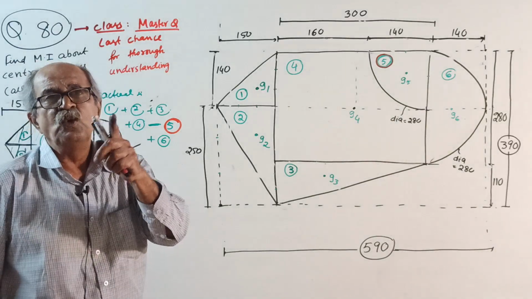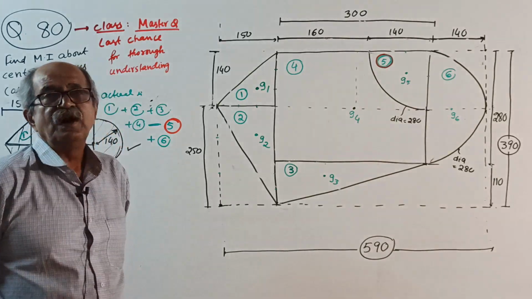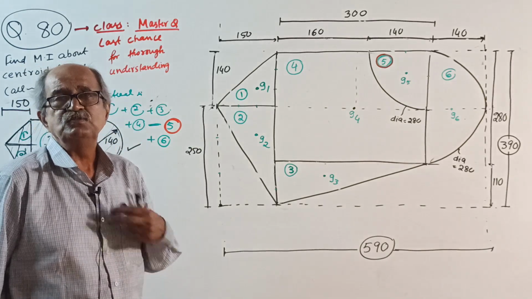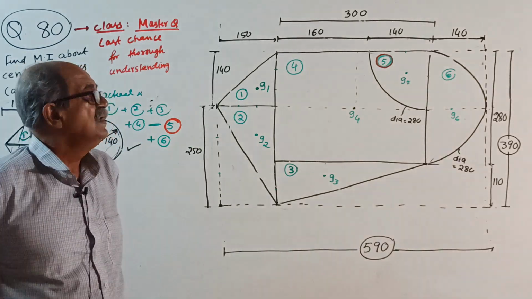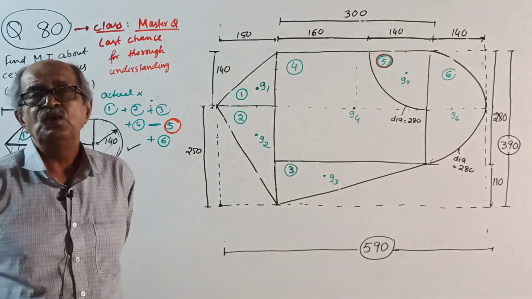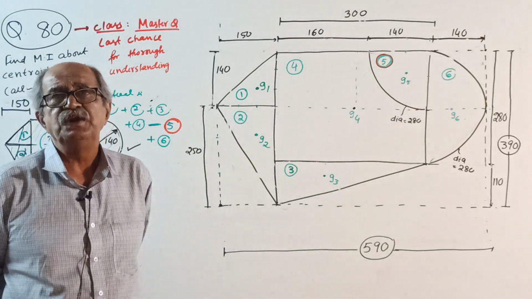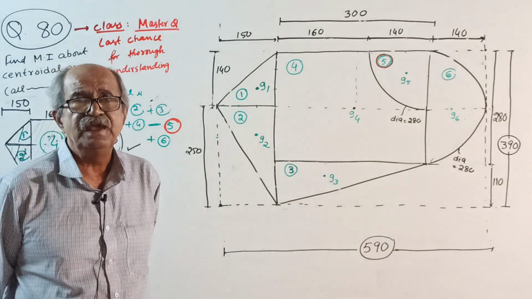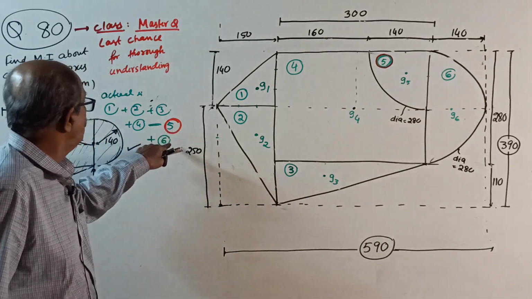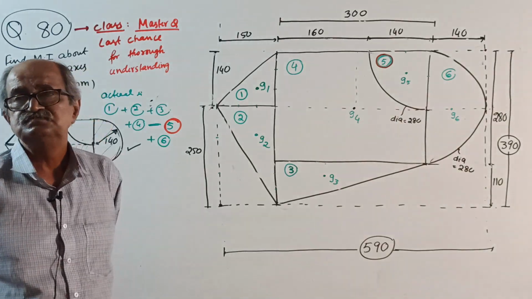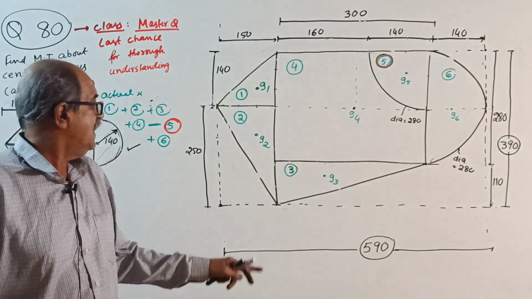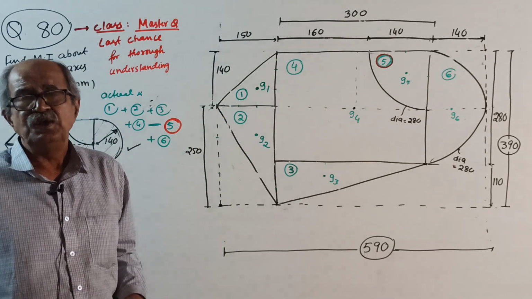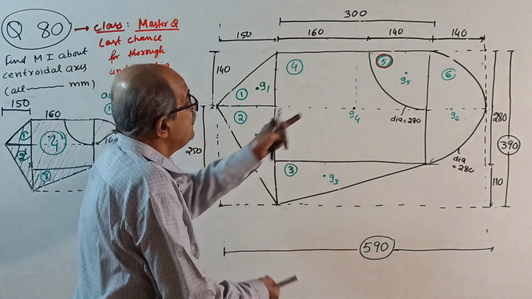Therefore, now only I will tell you, you should write properly when you solve. Otherwise, you are losing. Total area equals A1 plus A2 plus A3 plus A4 minus A5 plus A6. X bar, whether Abelco or Eterco, you can take origin either here or there.